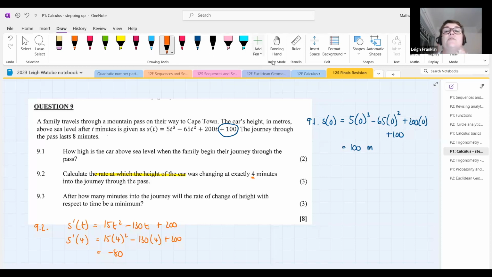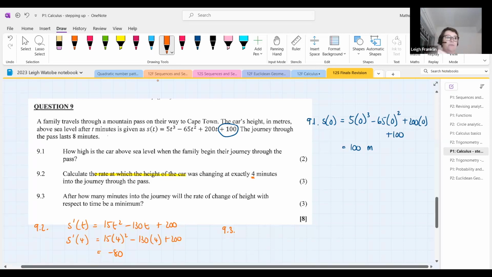Voloshin, go for it. Ma'am, I'm having a problem understanding. When it comes to the acceleration and velocity questions, how do you know if it's the first or the second derivative? That's a very good question. Your first derivative tells you how whatever your function is, is changing with respect to time.